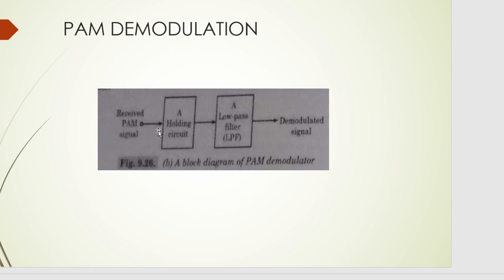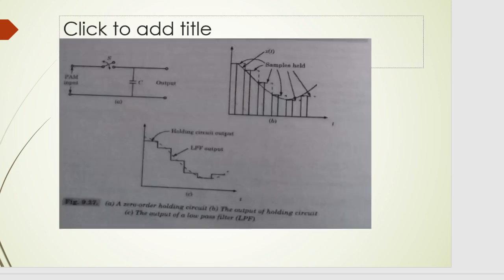So at this point we apply the PAM signal. It is applied to a holding circuit. So this holding circuit is converting the signal into a waveform like a stair step. And after that, this is a low pass filter to obtain the perfect original information or the demodulated signal. We'll explain the circuit.